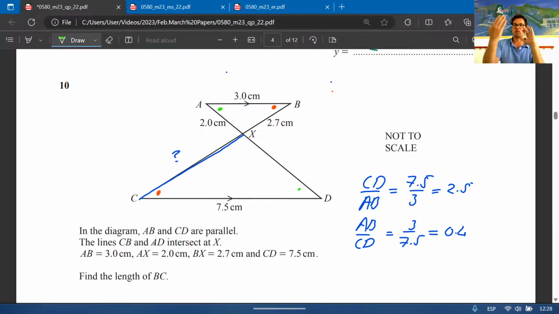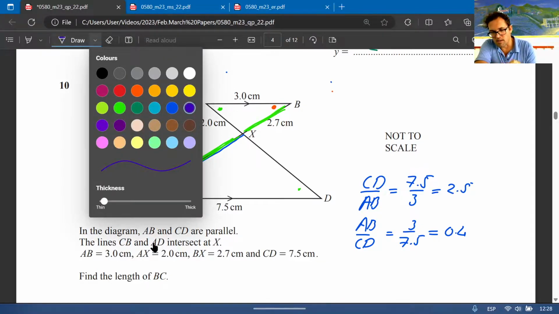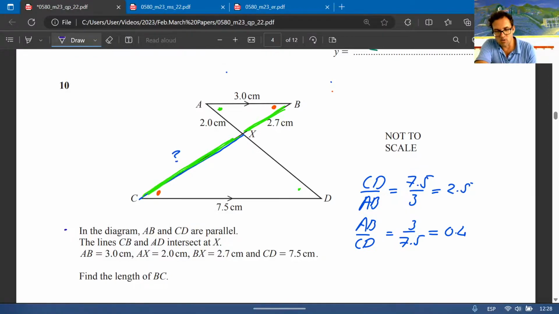So there's a twist. AB corresponds to CD, but CX, this side, which includes the orange angle, corresponds with that one there. So what it comes down to is that CX is 2.5 times bigger than BX.